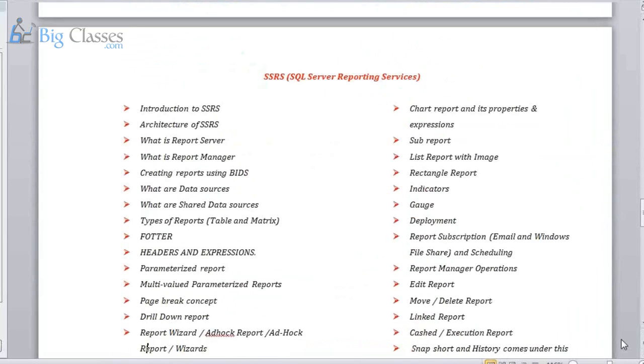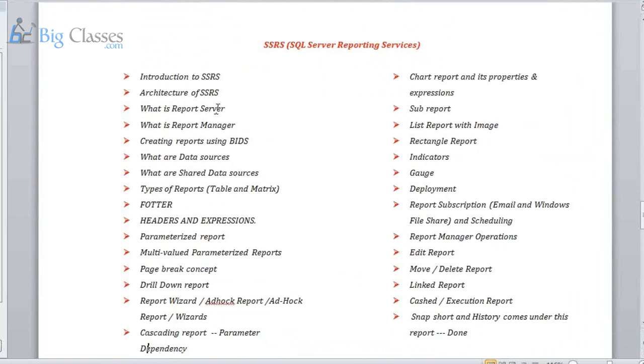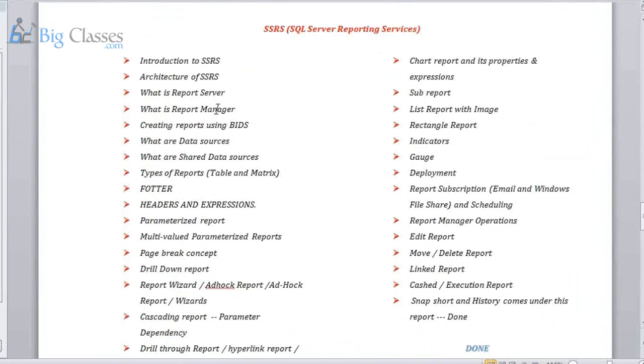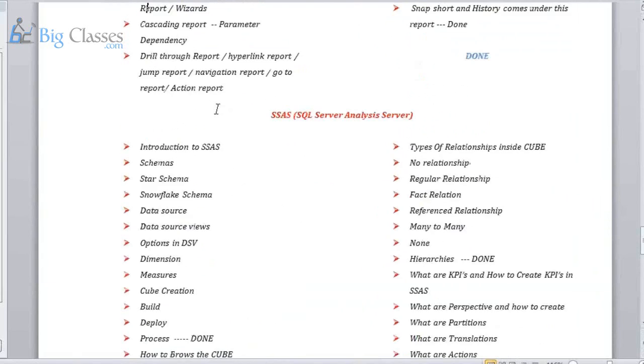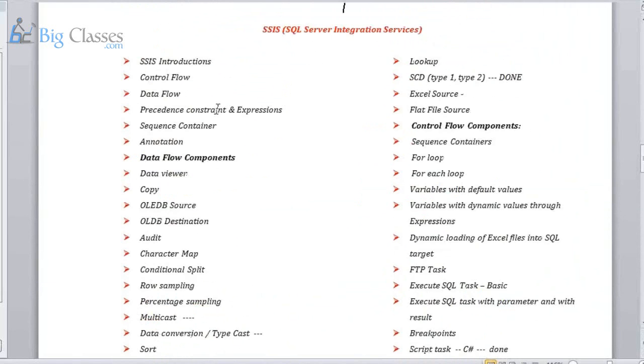When we come down, we see reporting services, and in reporting services again we have different types: subscriptions, cascading reports, drill through, drill down reports, frequently asked in interviews and frequently used in jobs. Different types of reports we will see. And then SSAS. So this is our training pattern.